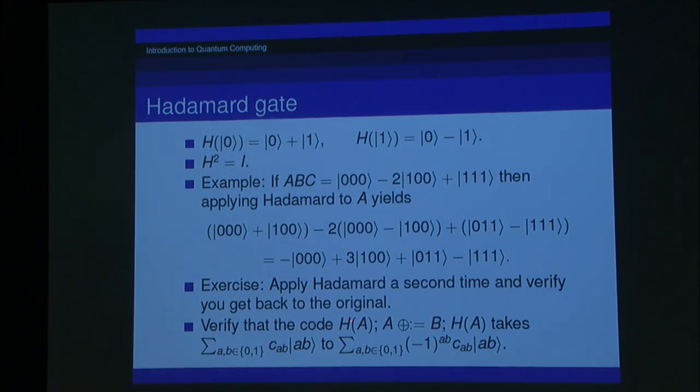Another exercise: if you apply Hadamard to A, then add B onto A, and then apply Hadamard to A again, it actually ends up multiplying the AB term by minus 1. So it affects the complex numbers out front. Those are exercises for later.